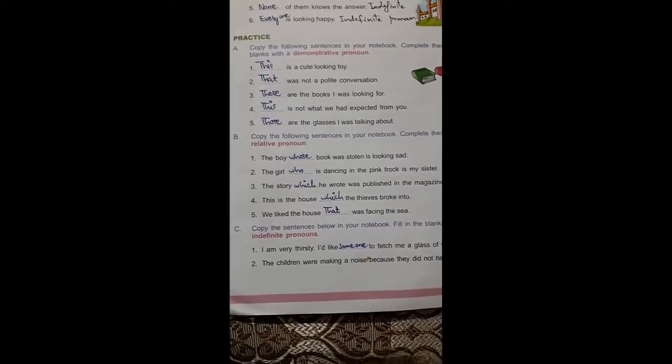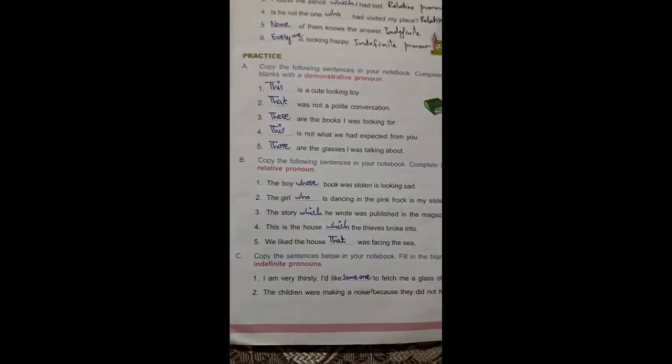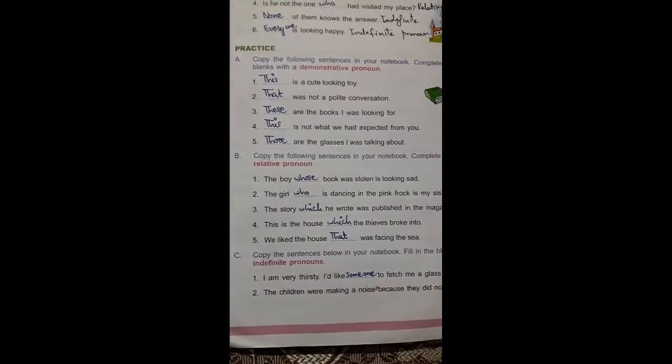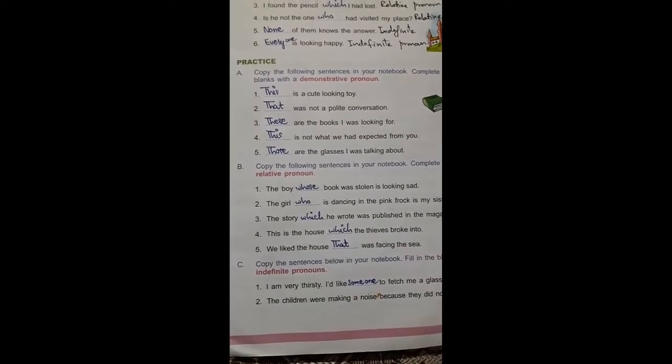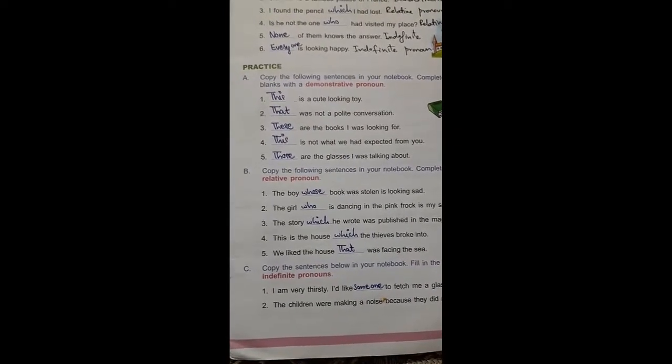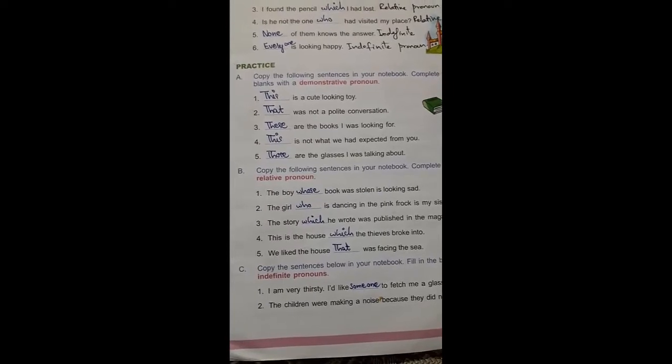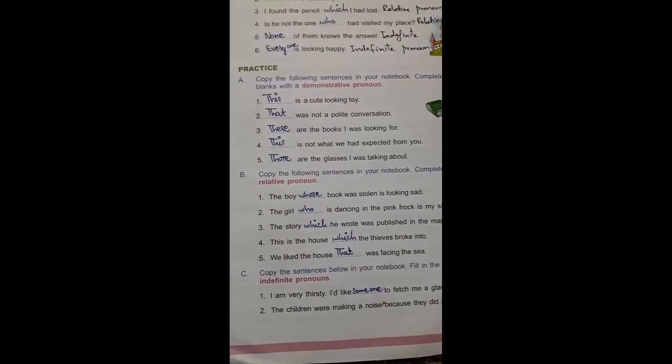Now move on to practice B. Here you have to complete the sentence with a suitable relative pronoun. We have read about the relative pronouns, and we have to fill it up with these. First one, the boy whose book was stolen is looking sad. Here we have filled it up with the relative pronoun whose.